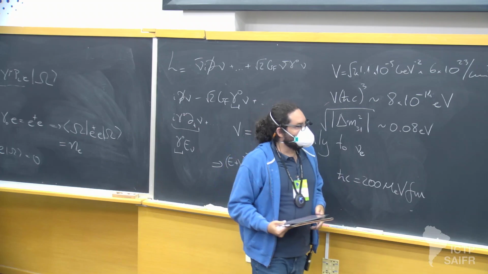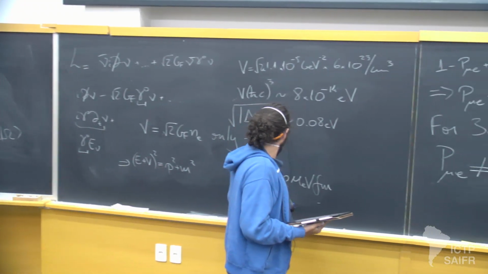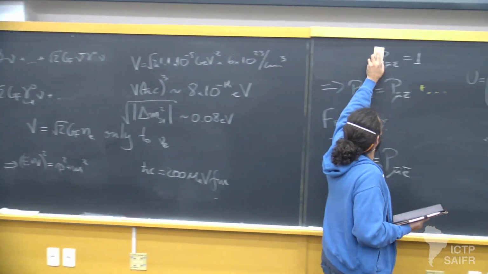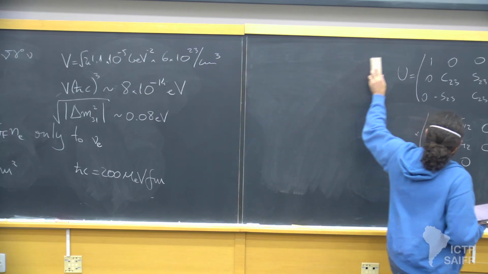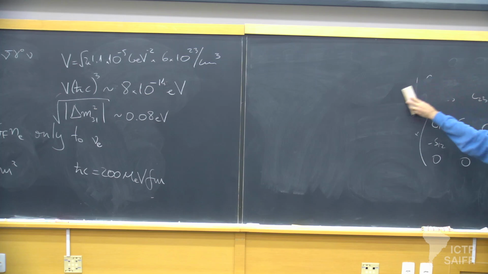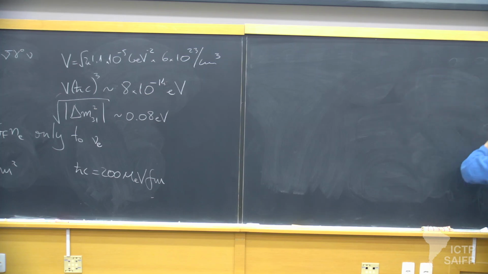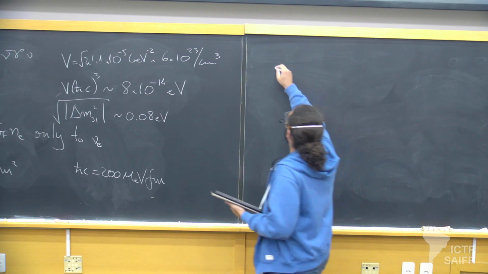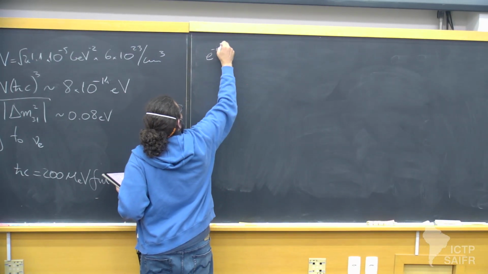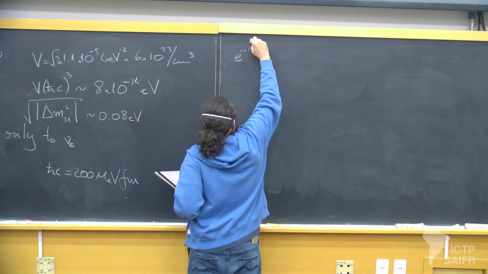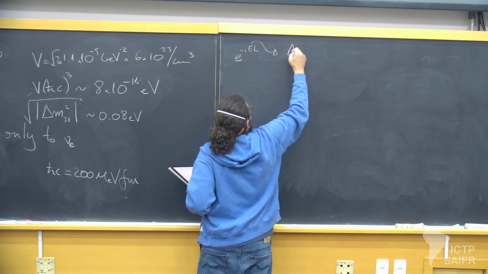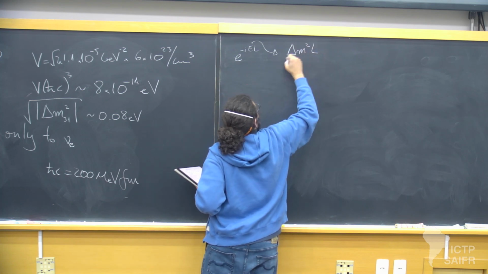The reason is, if you go back to our oscillation formula, remember that the phase of the evolution operator, that exponential of minus IEL, actually had a term that is relevant, delta M square L over E.